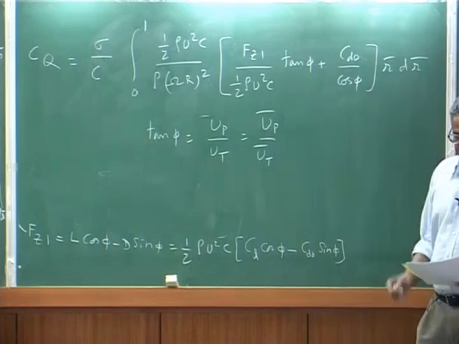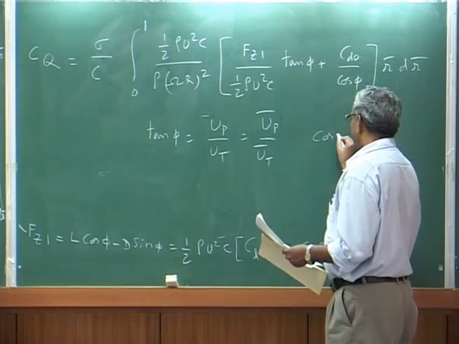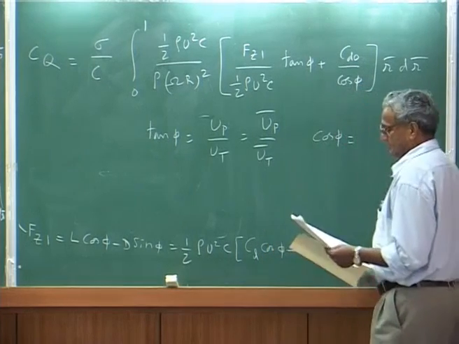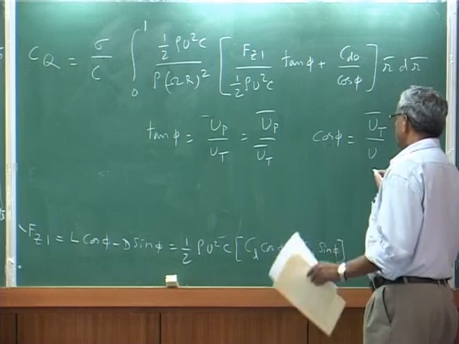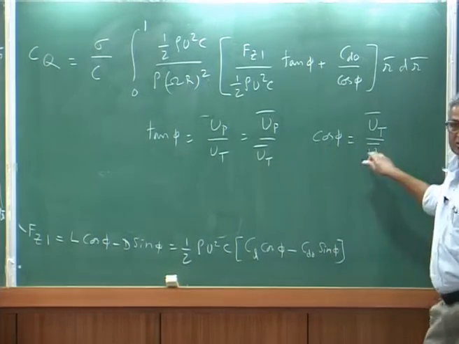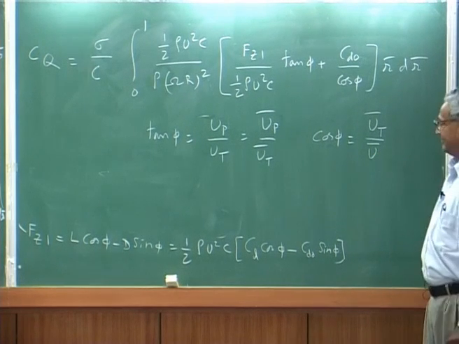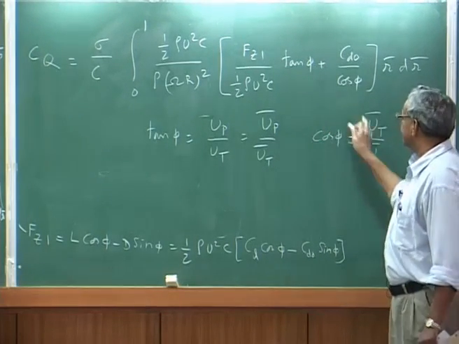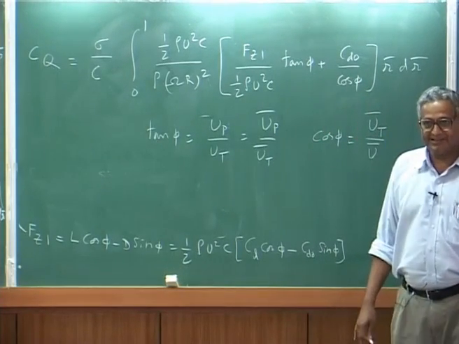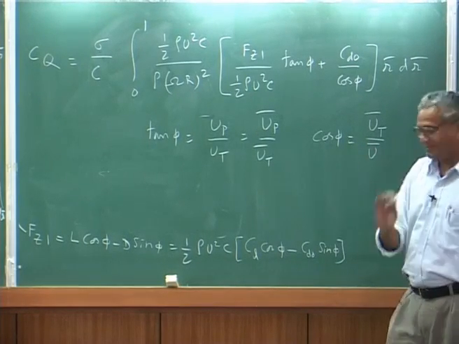And cosine phi will be U_T over U. This is the total velocity U bar, okay. You can directly take this and substitute here, and it will be kept in one particular form, okay.